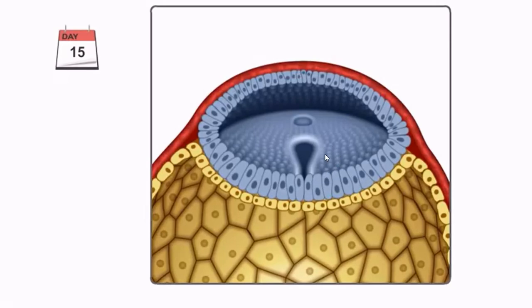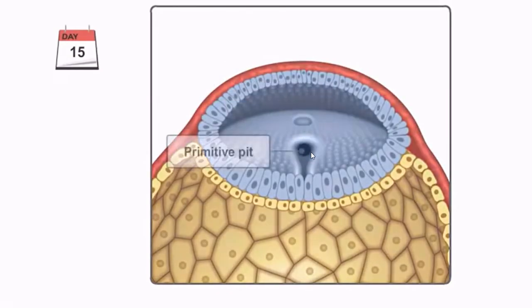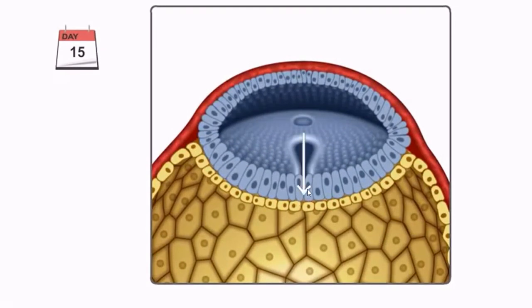What is happening here? From the primitive groove, cells towards the caudal end start to differentiate.